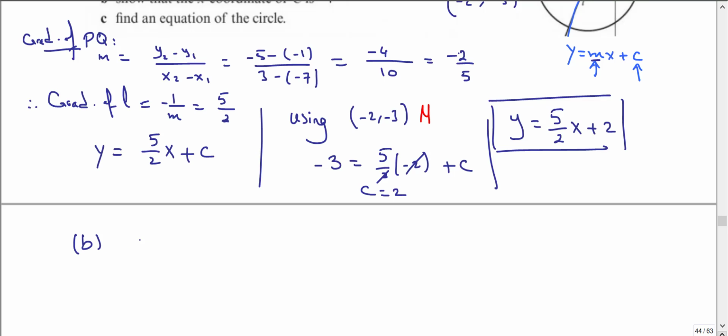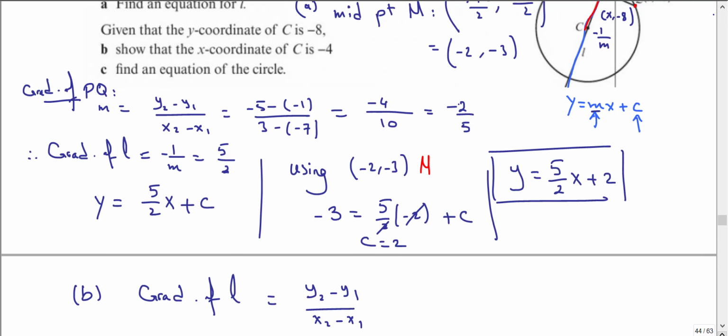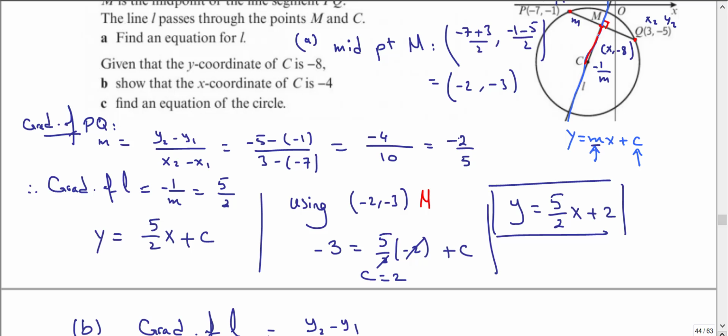So here the gradient of L is y2 minus y1 over x2 minus x1. The gradient is 5 over 2 equals, using 2 points on the line. You have M and you have C. These are the coordinates of M, let's call it x1, y1. The other one, x and -8.